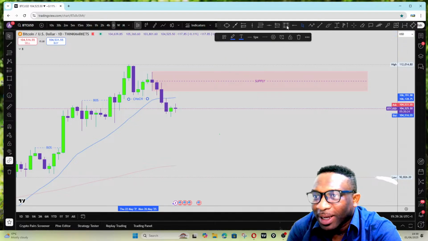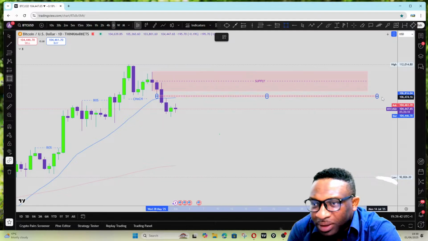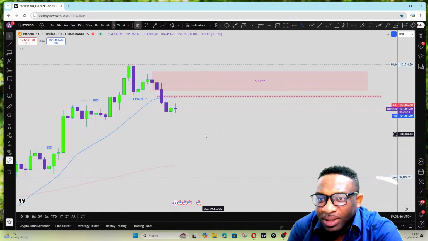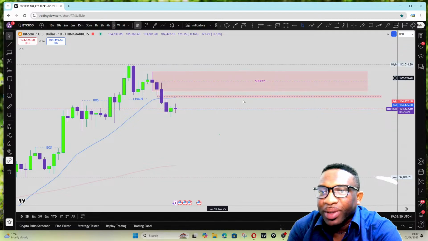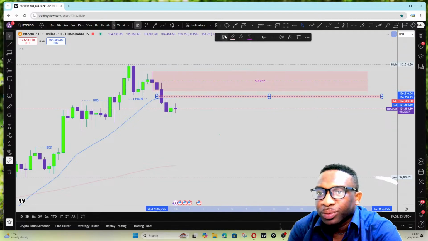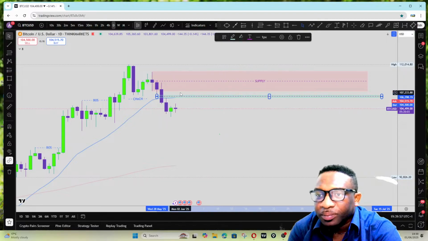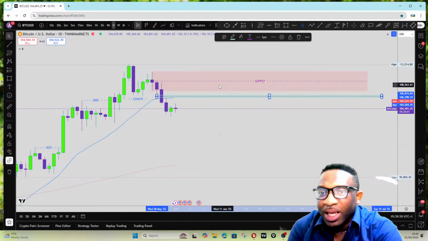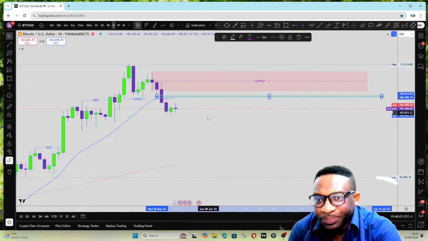So what we are trying to identify is the gap in between, the inefficiency that was created. So we can see that there is an imbalance area close to the supply area we've identified, which makes this supply area valid.